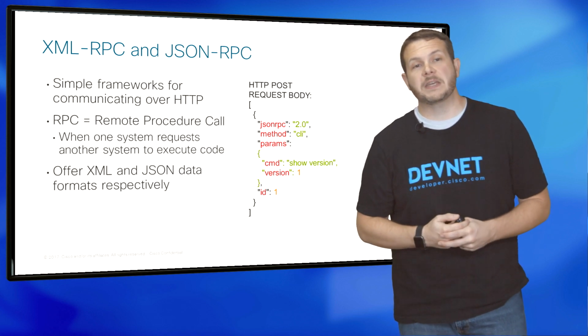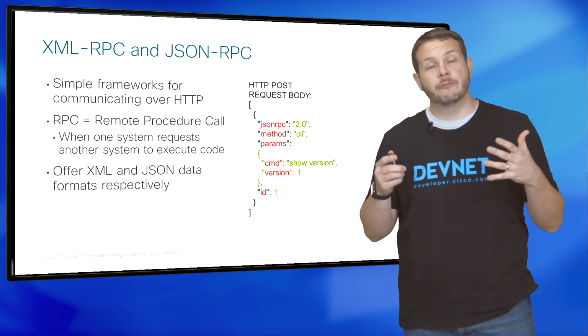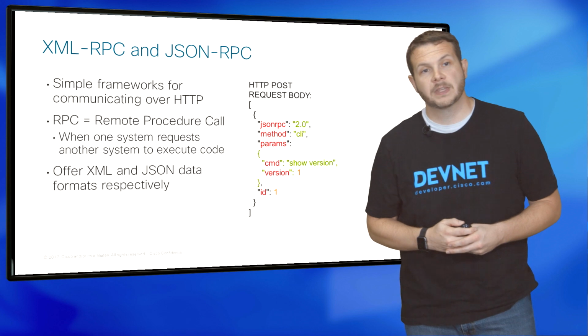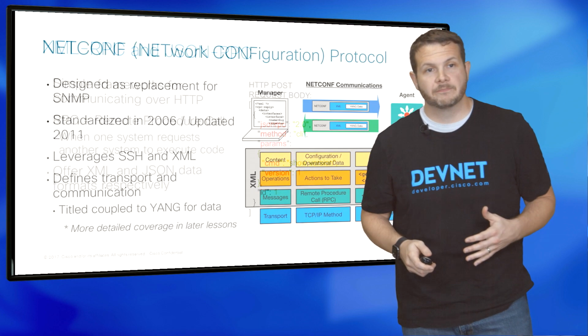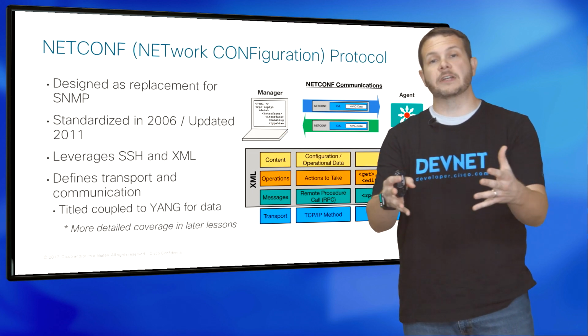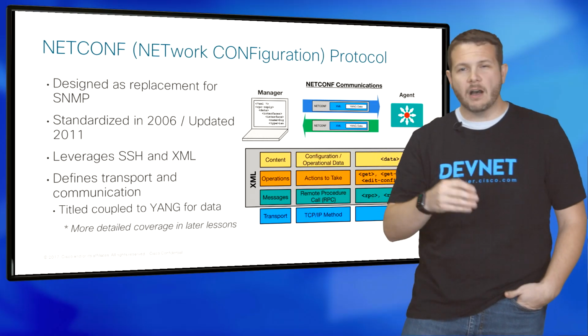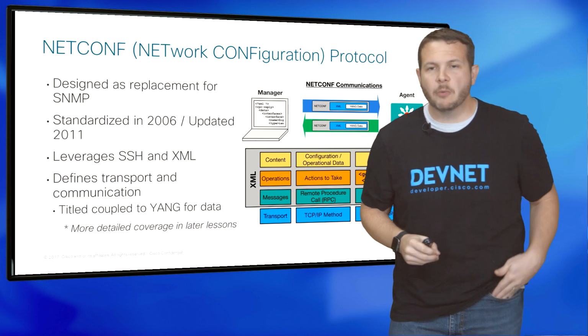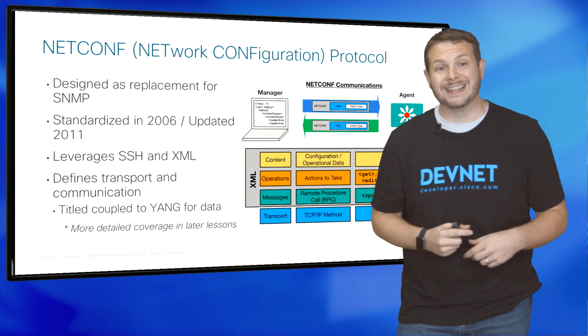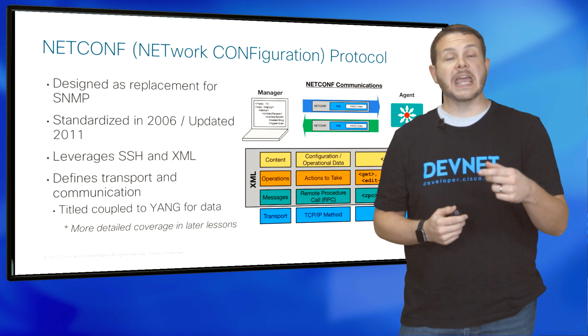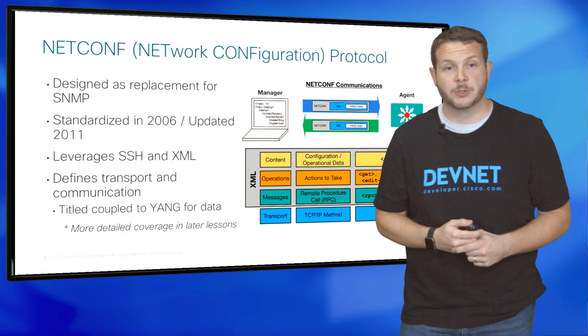Now, next up in our APIs are two APIs specific for network engineers and network automation. And that first one is netconf. Netconf, or the Network Configuration Protocol, was designed as a replacement for SNMP. Netconf gives us a way to provide better standards, better communication to our network devices and agents that are out there. It was standardized in 2006, updated in 2011, and we're going to go very deep into the netconf protocol in a later session as we come through, along with Yang, the data modeling language that it's tightly coupled to.